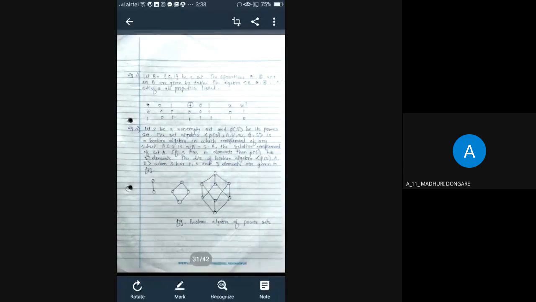Now here they have given a set S containing elements 1, 2, 3. Then we have to draw the diagrams for Boolean algebra for the power set of S. So first of all, tell me, if set S contains just one element, then how many elements will there be in the power set of S?